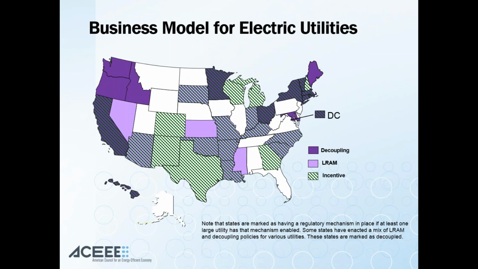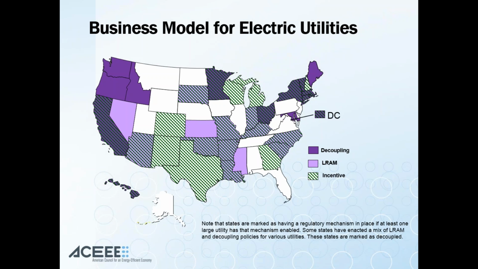And while EERS policies are important, they're not the only way to incentivize efficiency in the utility sector. Here, I'll just touch on a couple of things about the utility business model. We have some recent publications called Policies Matter that look at the suite of policies that are available to regulators and policymakers to incentivize utilities to invest in energy efficiency.